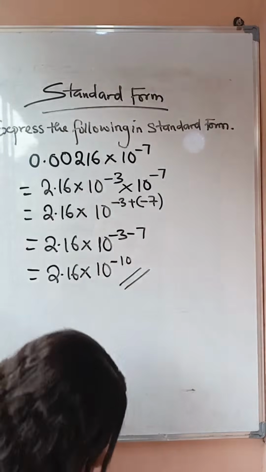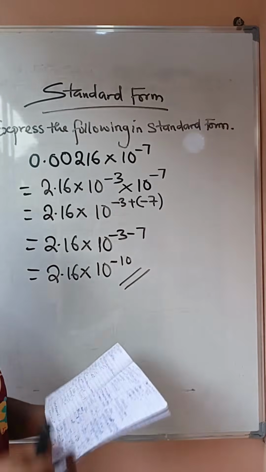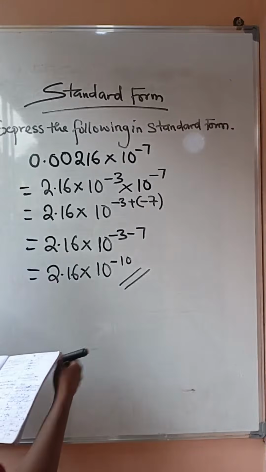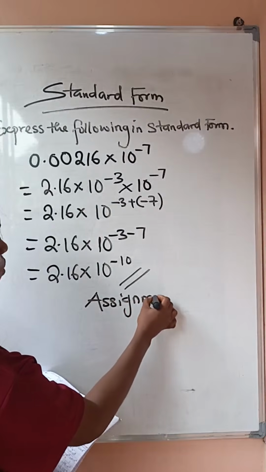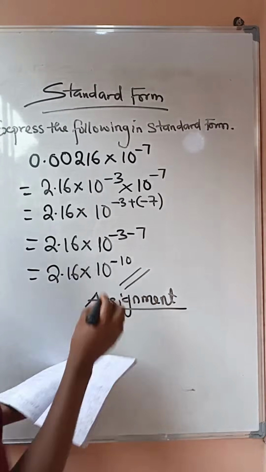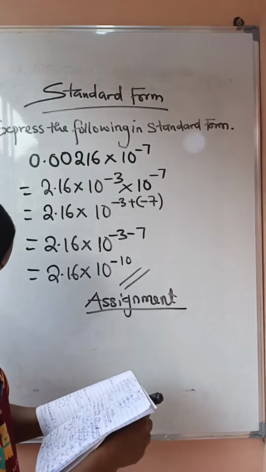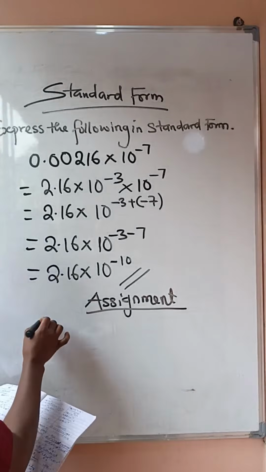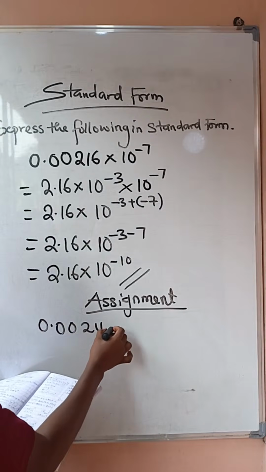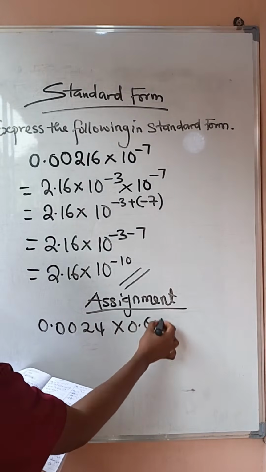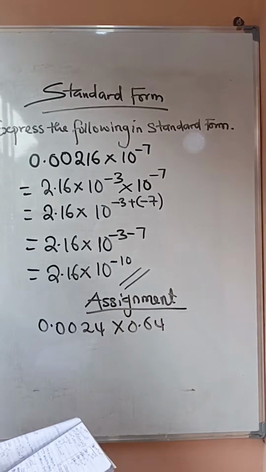Very easy. Okay, so can you solve this for me? This becomes an assignment because I need to go right now. My kids will soon come back from school. So you are asked to express in standard form 0.0024 times 0.64. Can you do that?